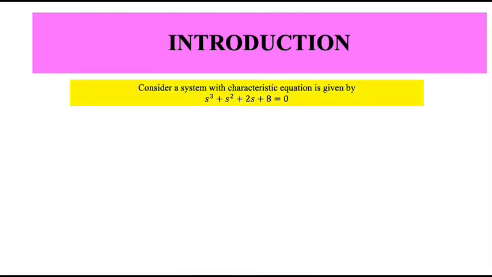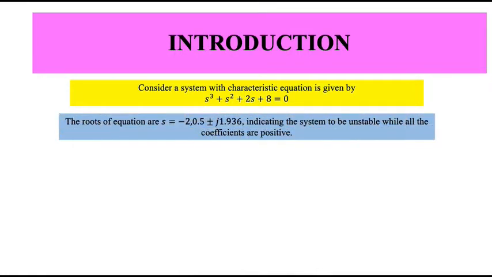For example, if I take a system which follows this rule, s cube plus s square plus 2s plus 8 equals 0, it satisfies the condition that the coefficients are all positive. Now does it guarantee stability?